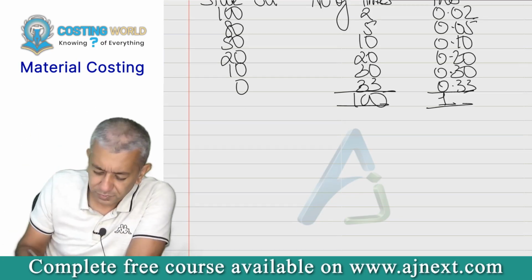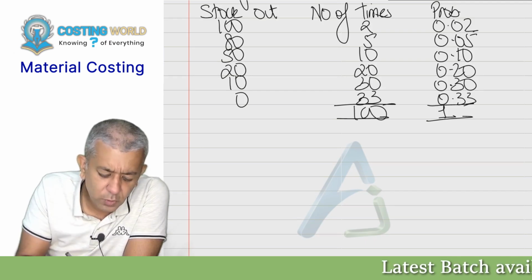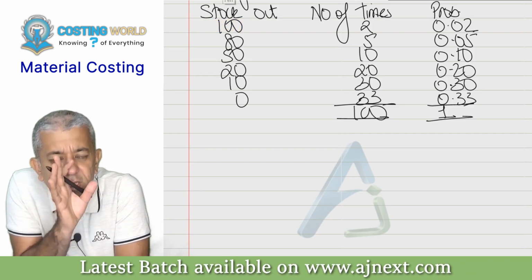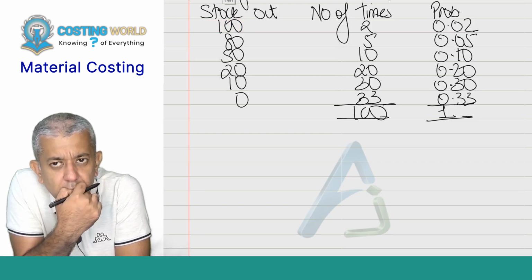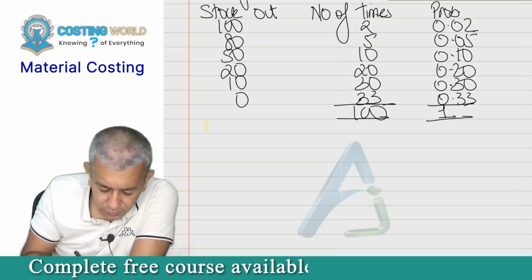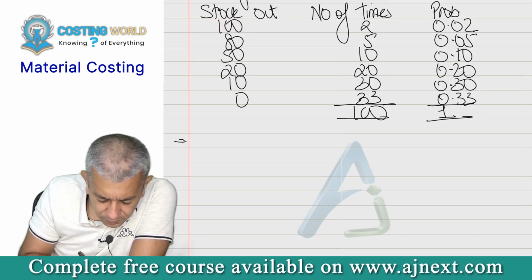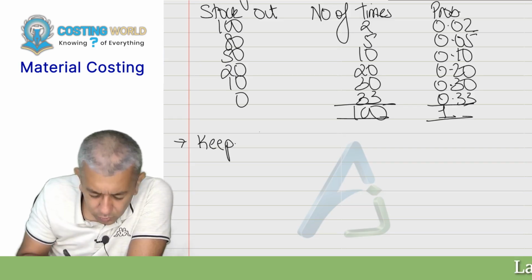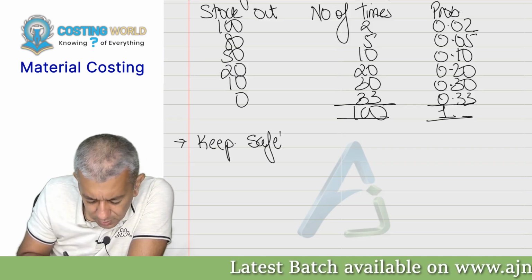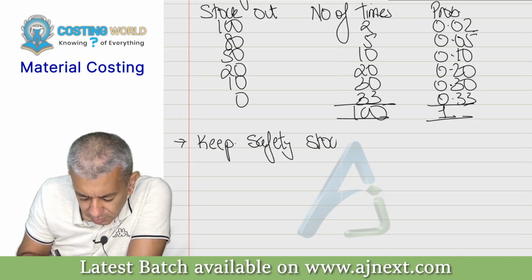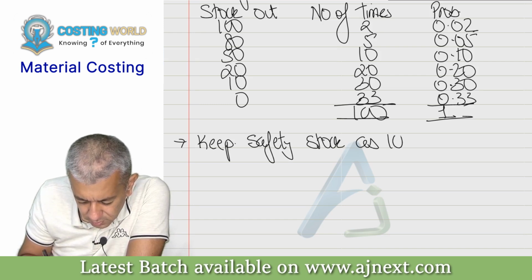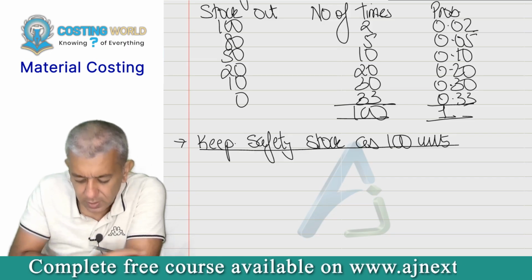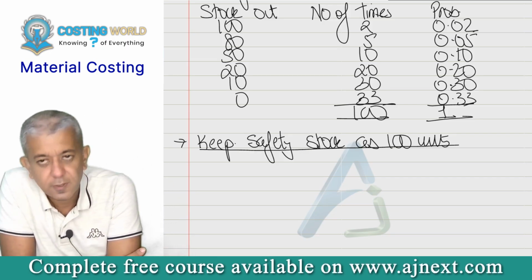Now listen. Can we say if you want to avoid this stock out, you should keep extra stock of 100 units? Is that okay? Yes, sir. Okay, so over here write down. Do 3 with me. Other 3 you all do. Keep safety stock as 100 units.